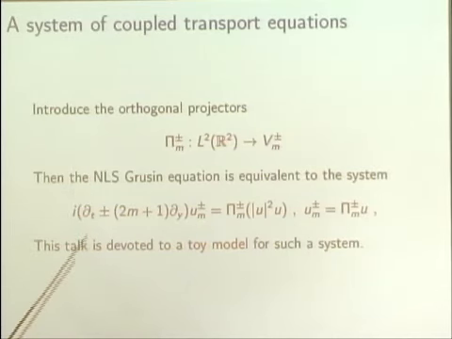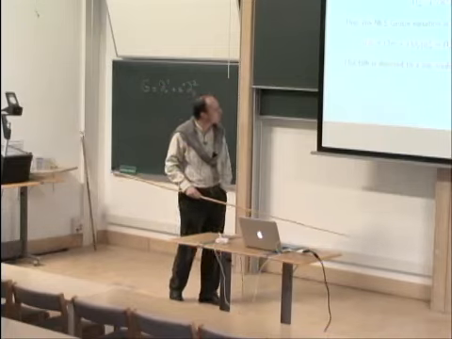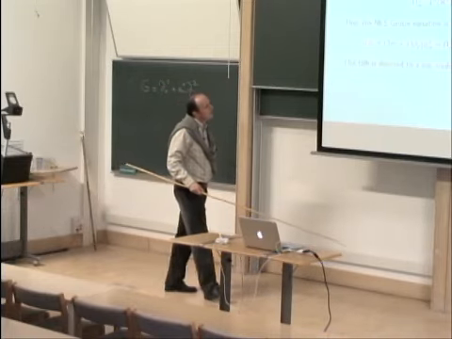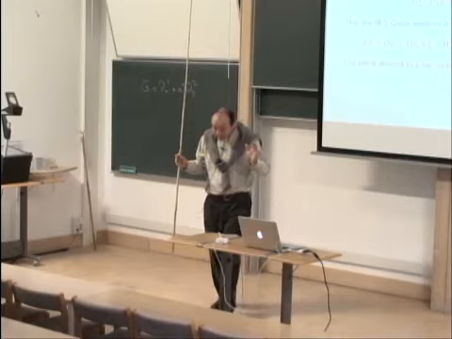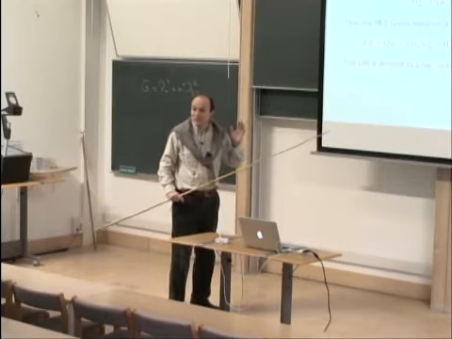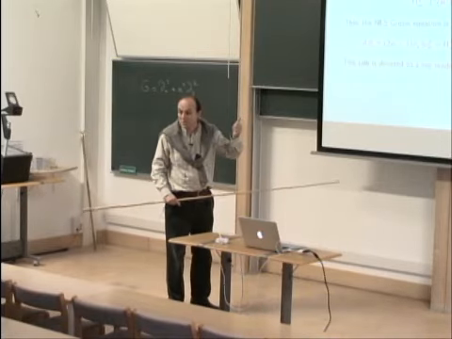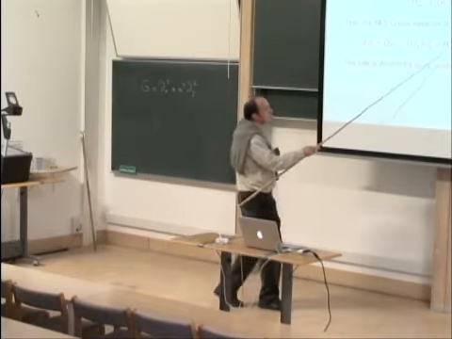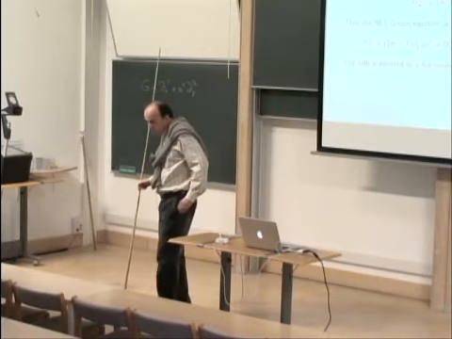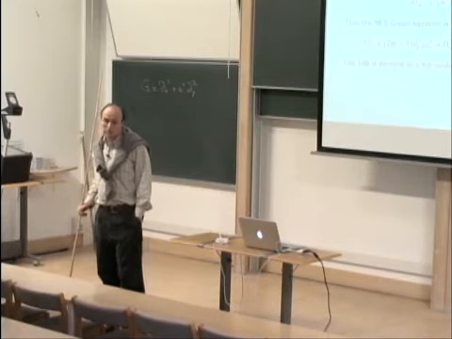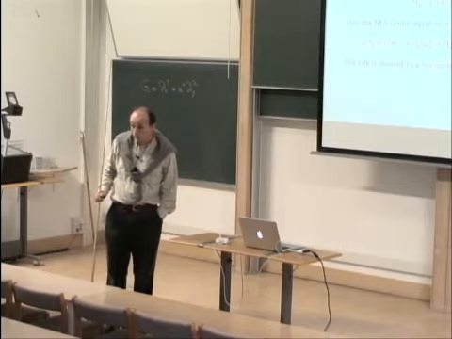Here it's a little bit complicated, but when we saw that, we decided to look at toy models. To start with something really simple, forget about the system, look at just one equation, but with such a projector here. And what kind of Calderon-Zygmund projector do you know? The simplest one is certainly what is called the Szego projector.